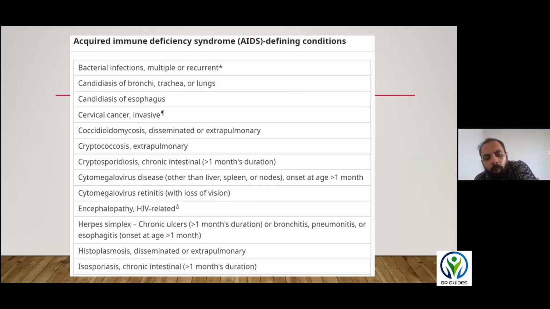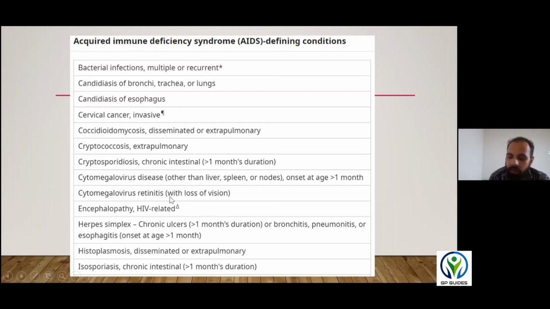Some of the common opportunistic infections which you can find in HIV/AIDS include fungal infections like cryptococcosis, then intestinal parasitic infections like cryptosporidiosis, then viral infections like cytomegalovirus disease, mainly causing cytomegalovirus retinitis, or CMV retinitis.